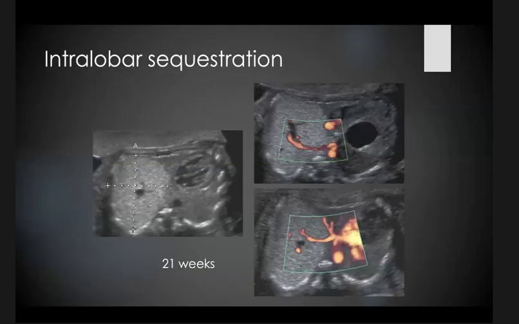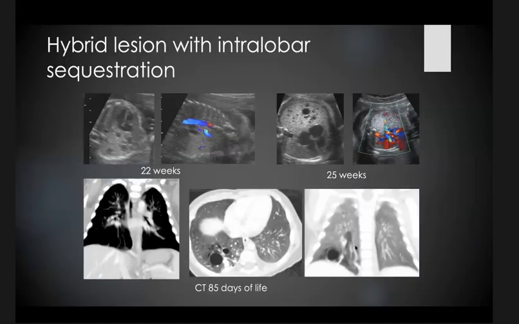This is an example of an intralobar one. You see that big lesion on the right lower lung, which was vascularized by the aorta, and the pulmonary venous return was in the left atrium. We have a lot of these lesions. Here it's an intralobar sequestration with some cystic part.